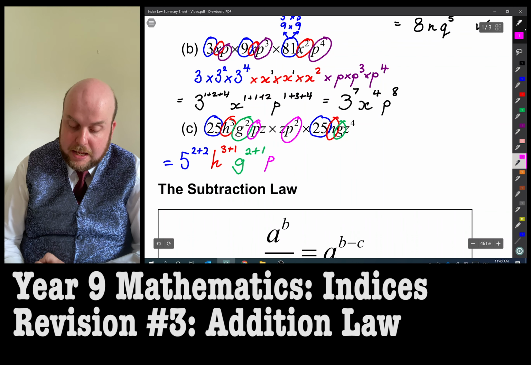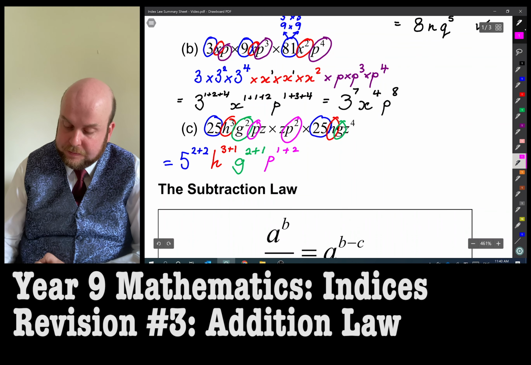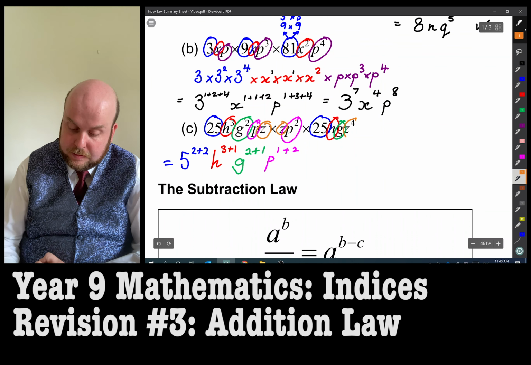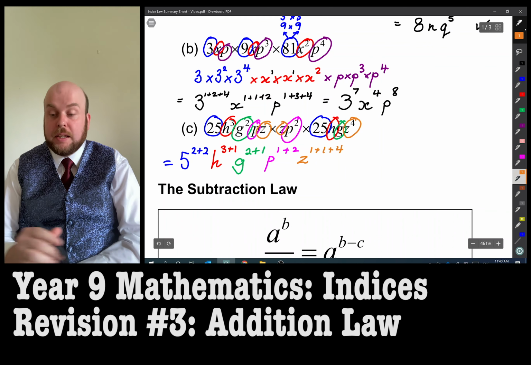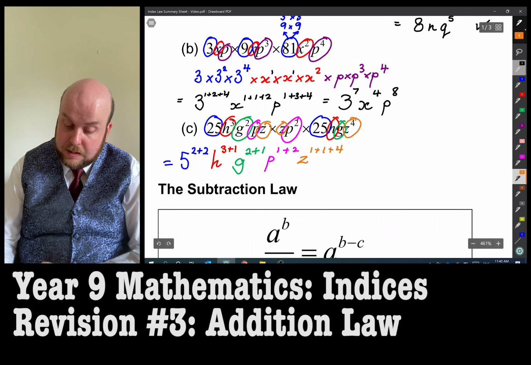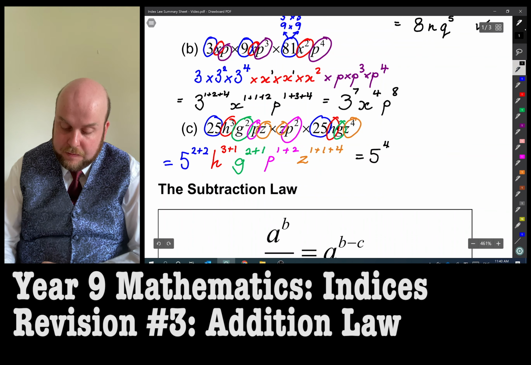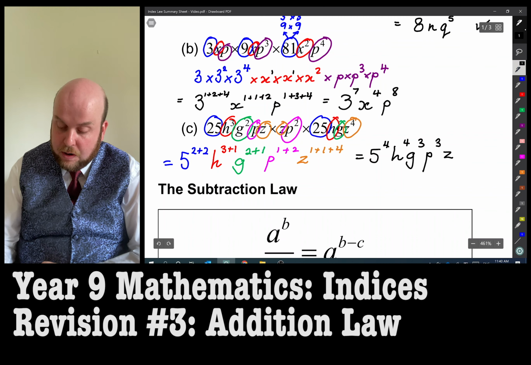We have a p here and a p squared. We have a z, another z, and 4 more z's. So our final answer is 5 to the power of 4, h to the power of 4, g to the power of 3, p to the power of 3, and z to the power of 6.